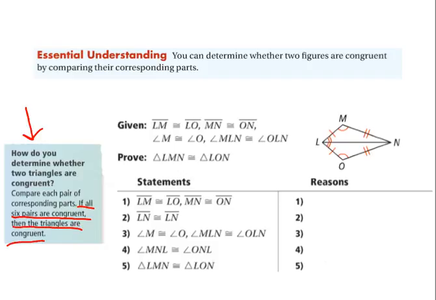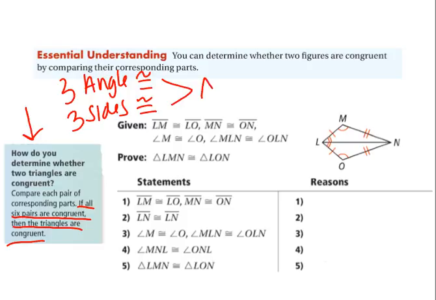If my 3 angles are congruent and my 3 sides are congruent, then my triangles are congruent. You need all 6 of those parts to be congruent.